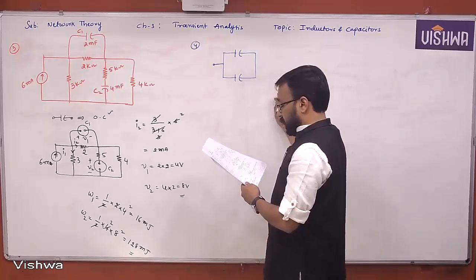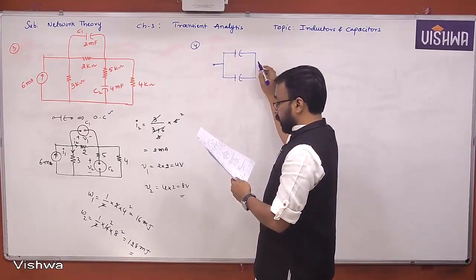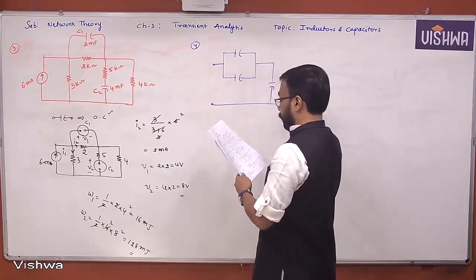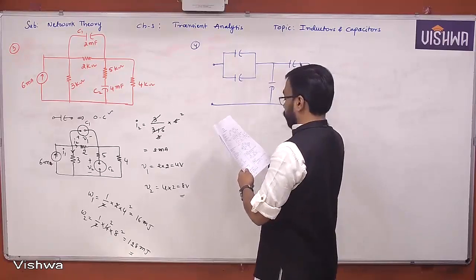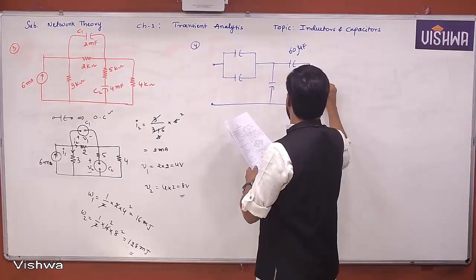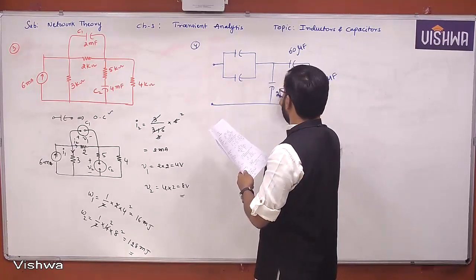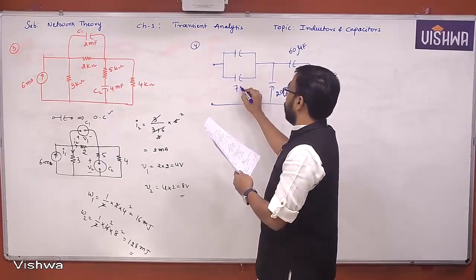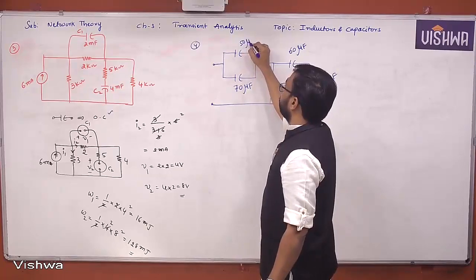Okay. He's asking C equivalent, CAB otherwise. 60 microfarad, 120 microfarad, 20 microfarad, 70 microfarad, 50 microfarad.